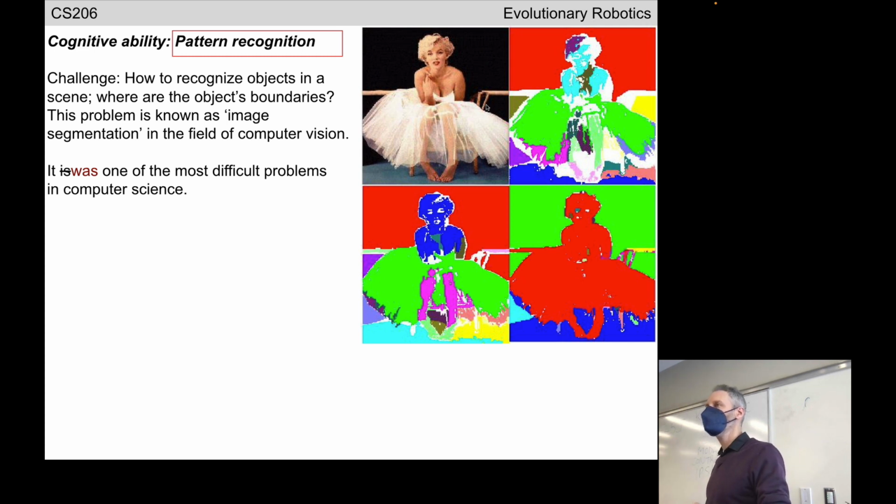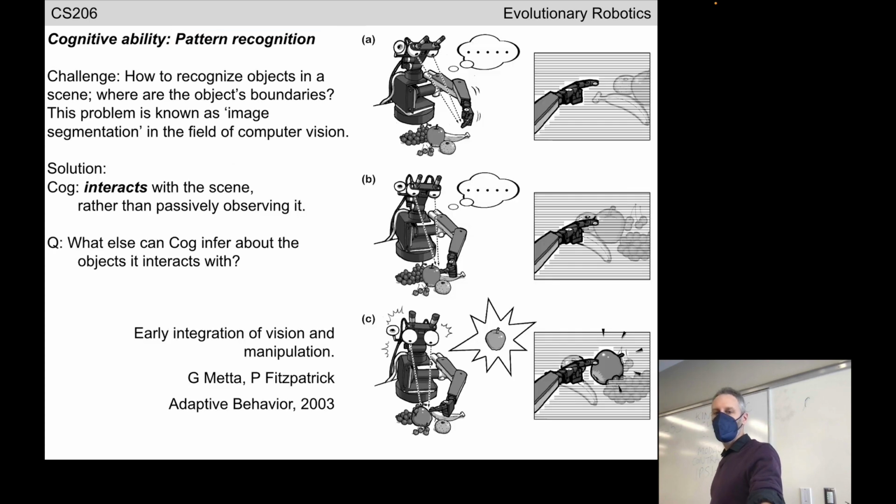Very, very hard to do. That's the non-embodied approach. Create a deep neural network, give it a gazillion images, and let it train on those images for a long time. Here's the embodied approach to the exact same problem.